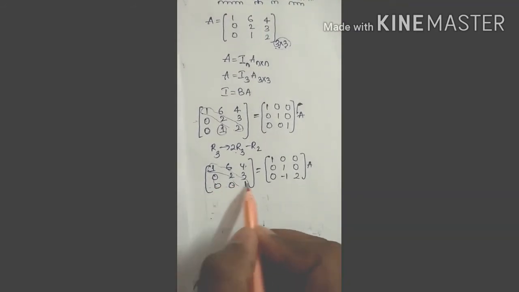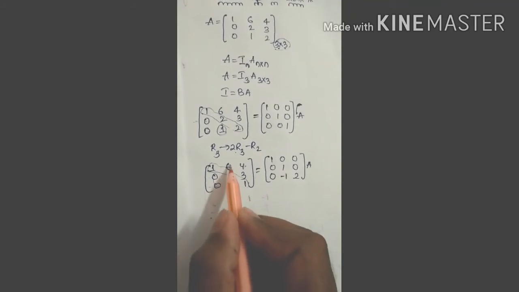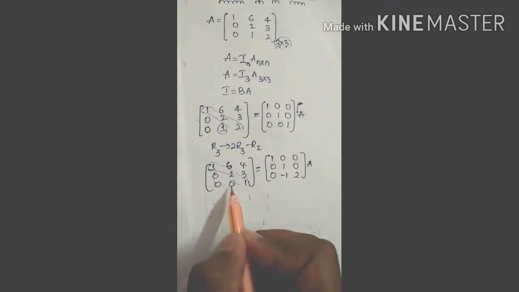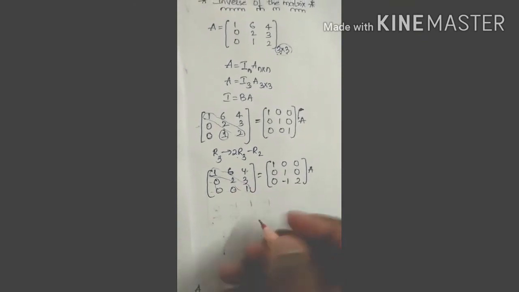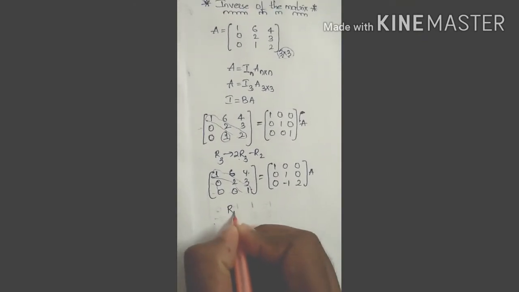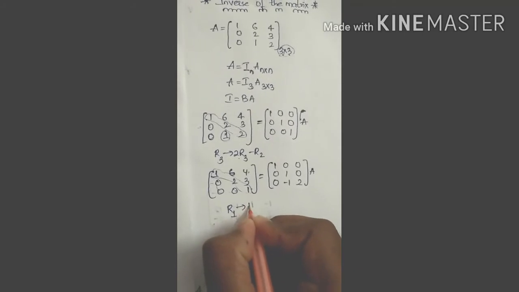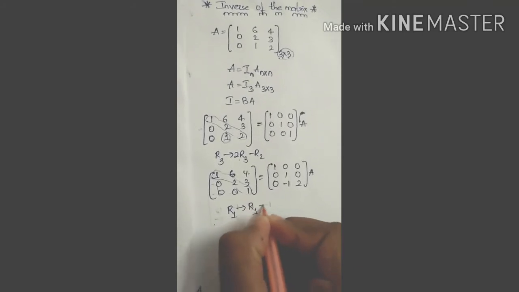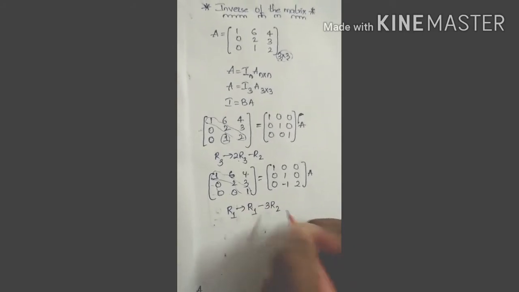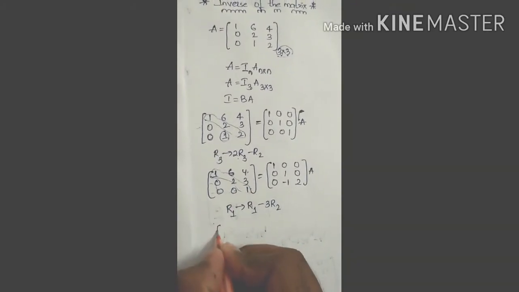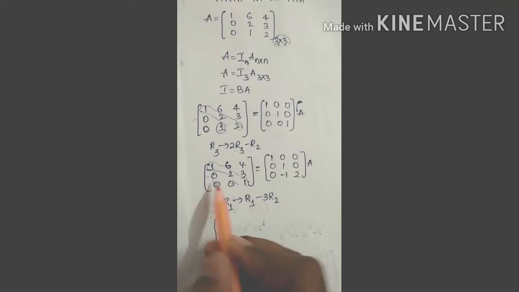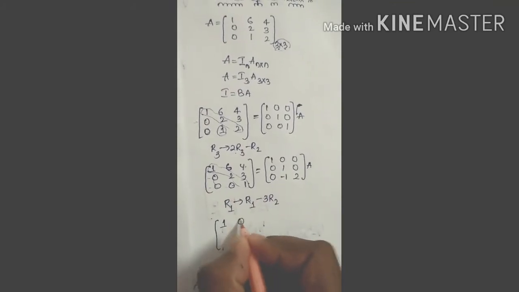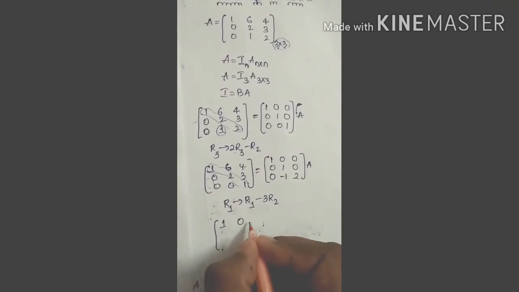We can't do it with row 3, because we should make 6 into 0, and with the help of 0 you can't make 0, so we take the help of R2. R1 tends to R1 minus 3 into R2, then we get 0 here. First 1 as it is, because 1 minus 3 into 0 is 1. Here we get 0. 4 minus 3 threes is 9.